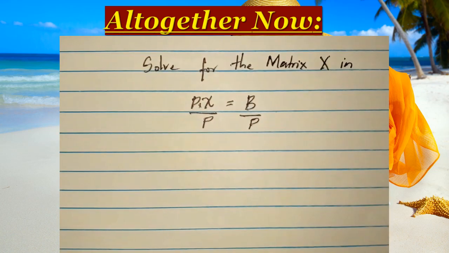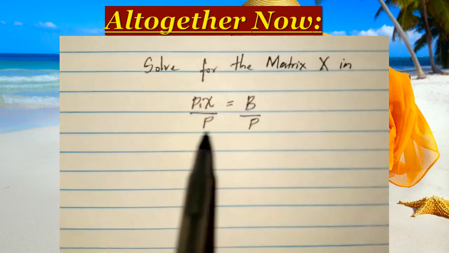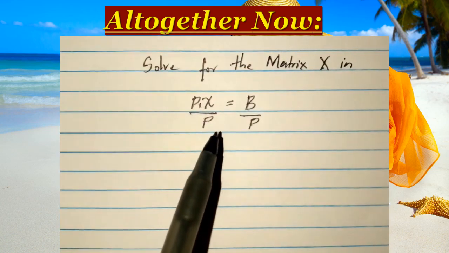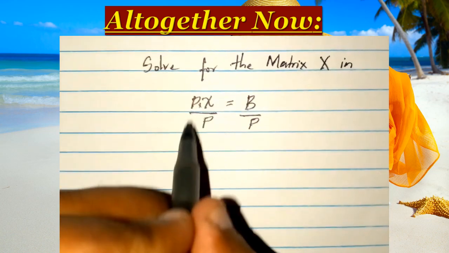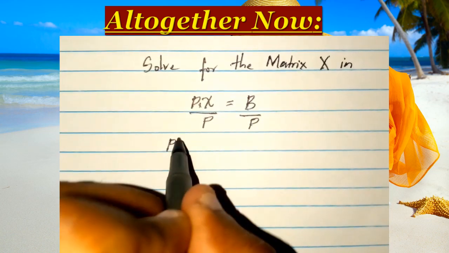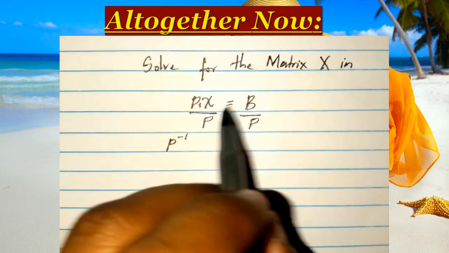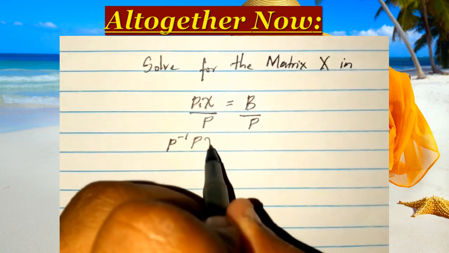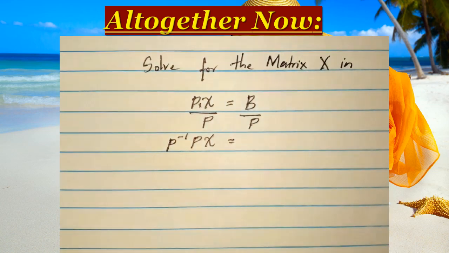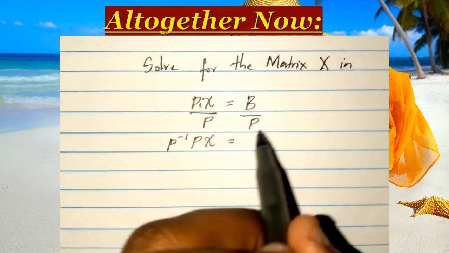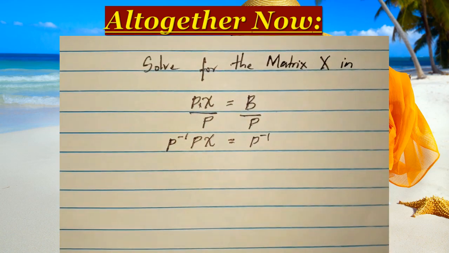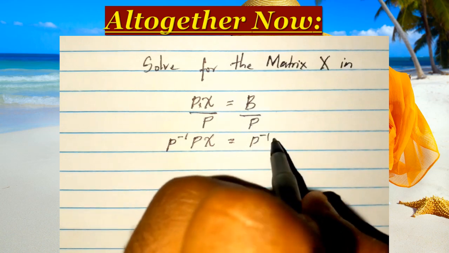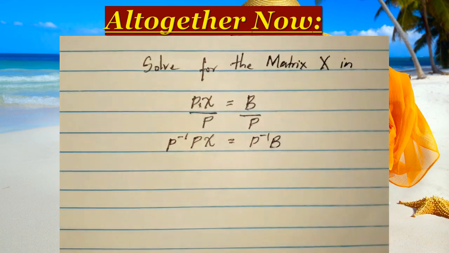Using hack number 1, I can rewrite this divided by P, because we cannot divide matrices like that. I can rewrite this divide by P as P inverse multiplied by our numerator, PX. If I do that to the left, then I'm going to have to do that to the right. Rewrite this divided by P as P inverse multiplied by our numerator, B. And there you go.